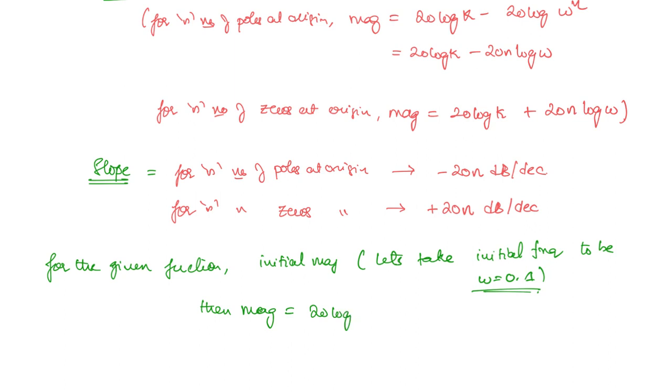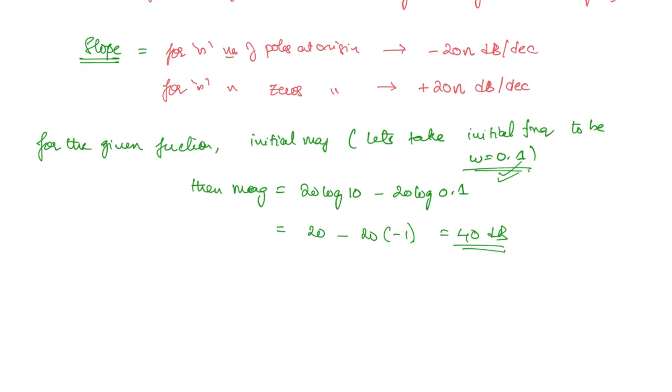Here k is given as 10, so you can directly write 20 log 10 minus 20 log omega, where we are taking omega as 0.1. Log 10 is anyways 1, so you are going to get 20 here, minus 20 log 0.1, which is minus 1. So you are going to get 40 dB. This is the initial magnitude when you are taking omega equal to 0.1. Always be careful what the initial frequency is.